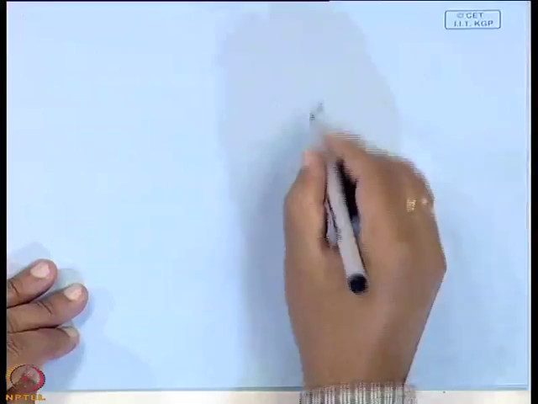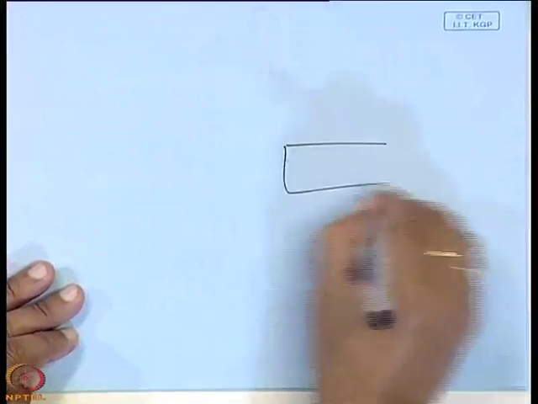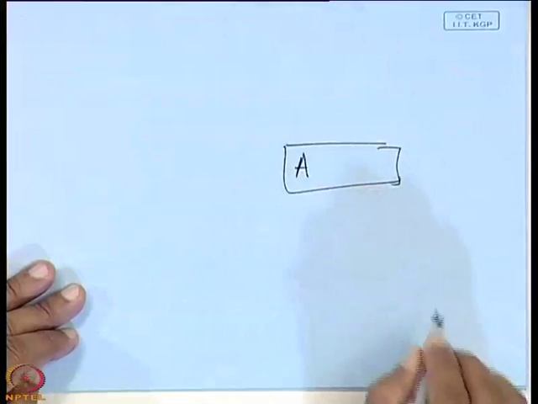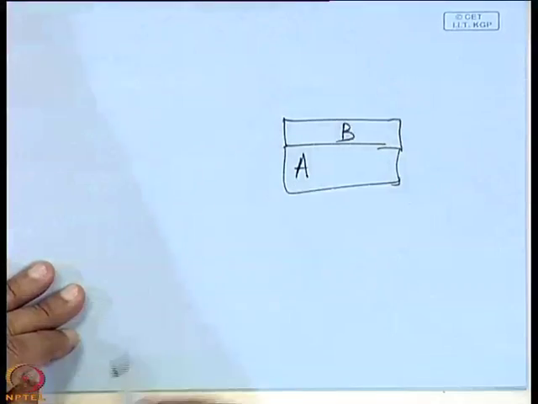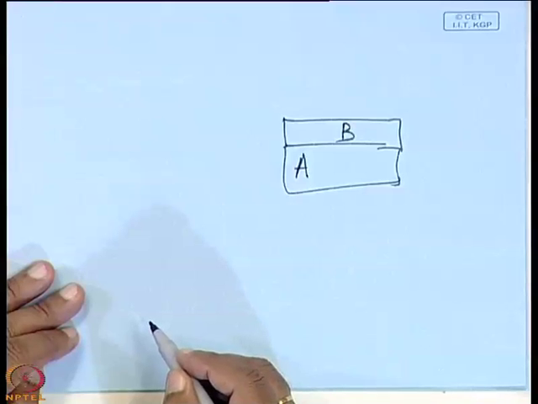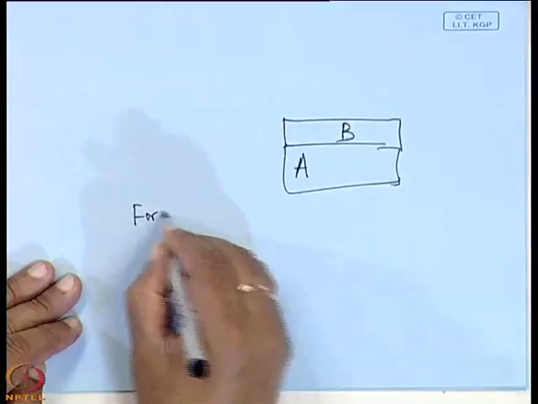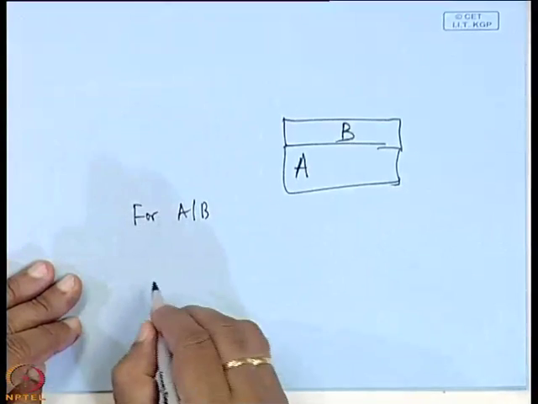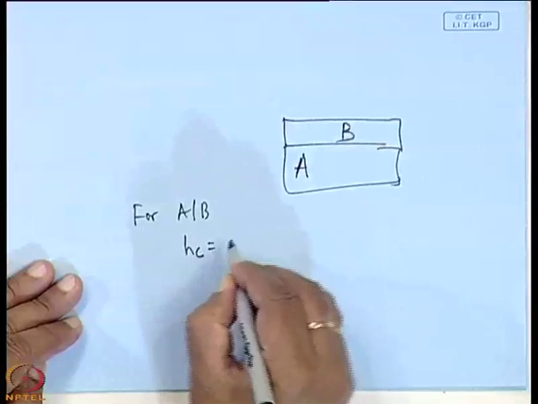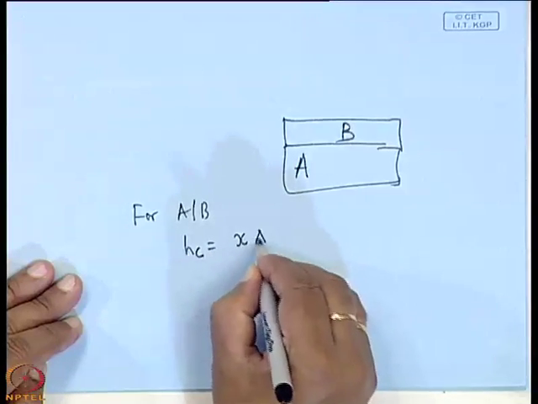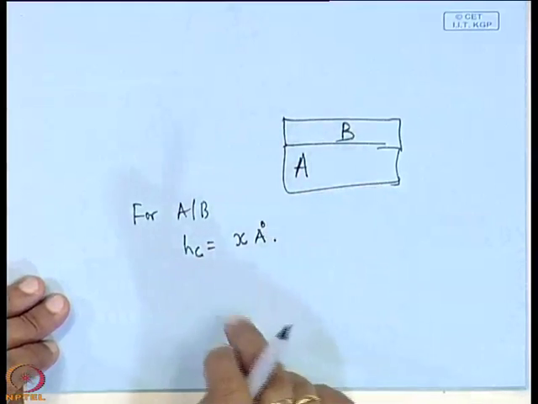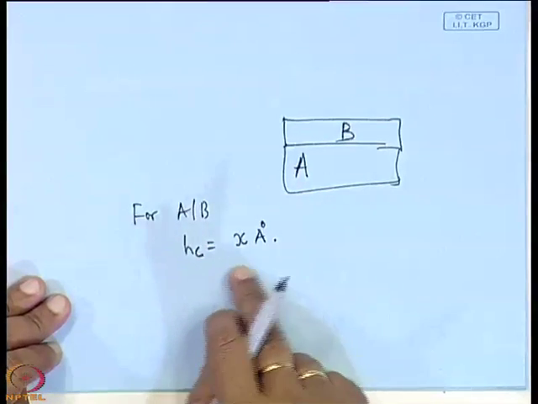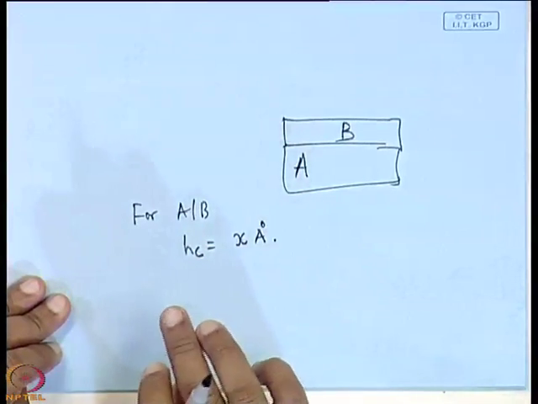Suppose I am considering one case where A is the substrate and I want to grow B on it. Okay. For the A B system, say the critical layer thickness is x angstrom.